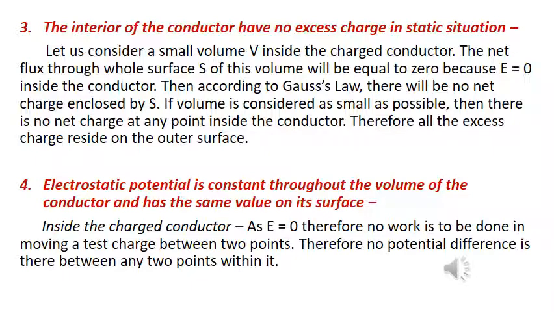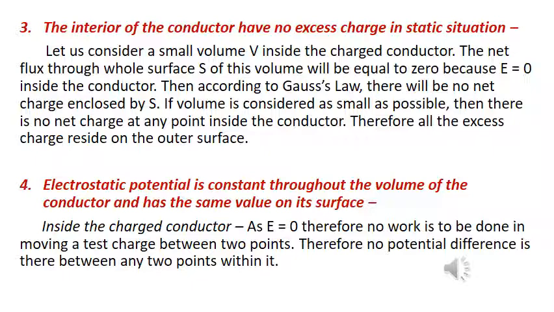The next point is that electrostatic potential is constant throughout the volume of the conductor and has the same value on its surface. We will study it in two parts. First is inside the charged conductor and second is on the surface of the charged conductor. Inside the charged conductor, as we know, the electrostatic field is equal to 0.